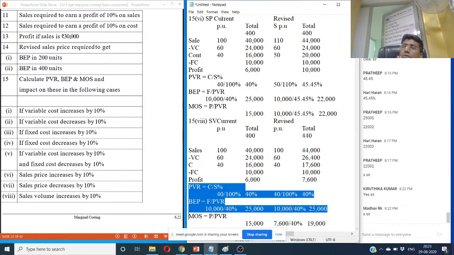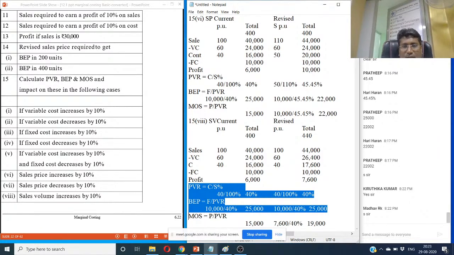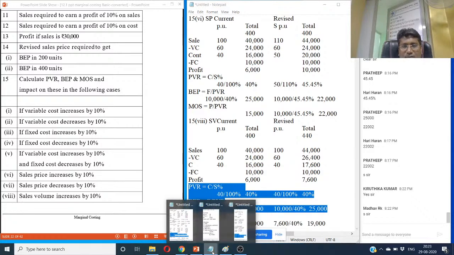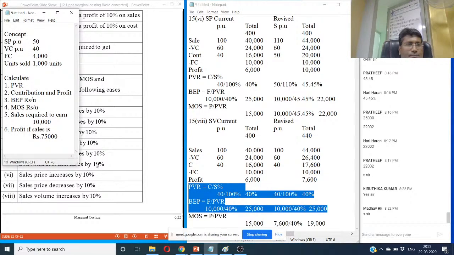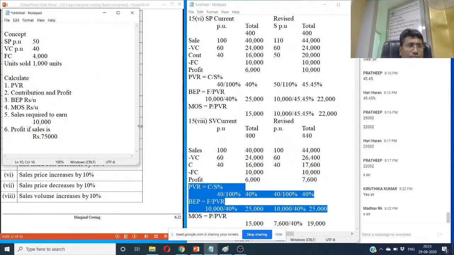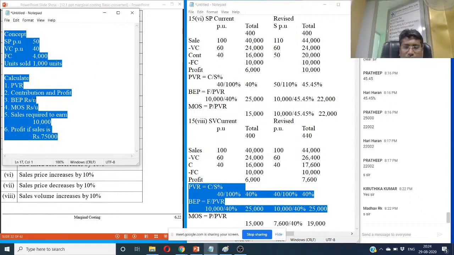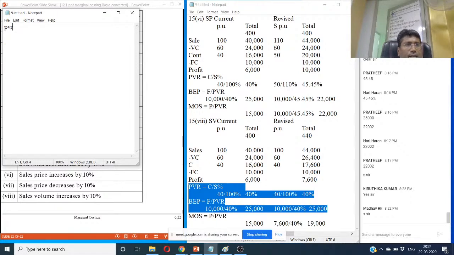If I give you this one, come on, this is the last one. I think so. Hereafter you can finish up all. I'll give a small self assignment like here. Now, PVR being 40%.